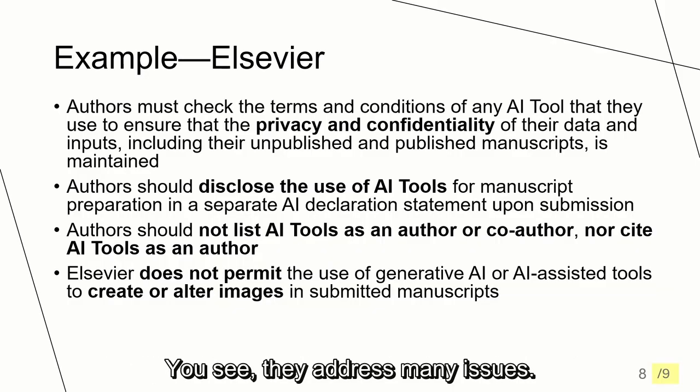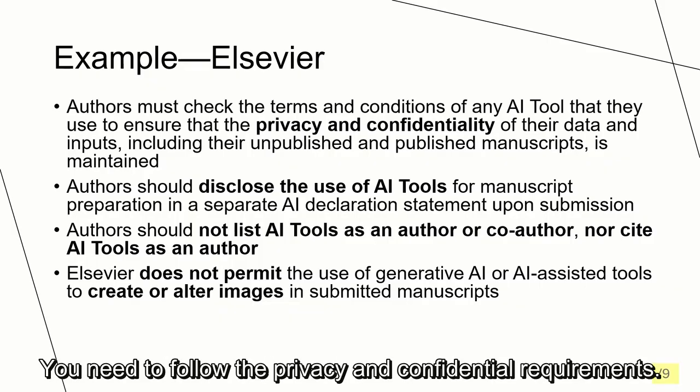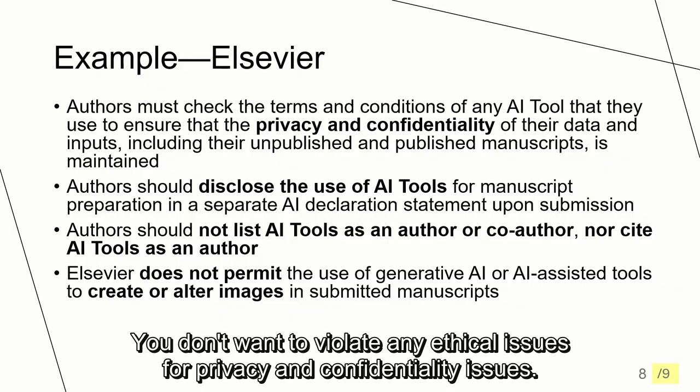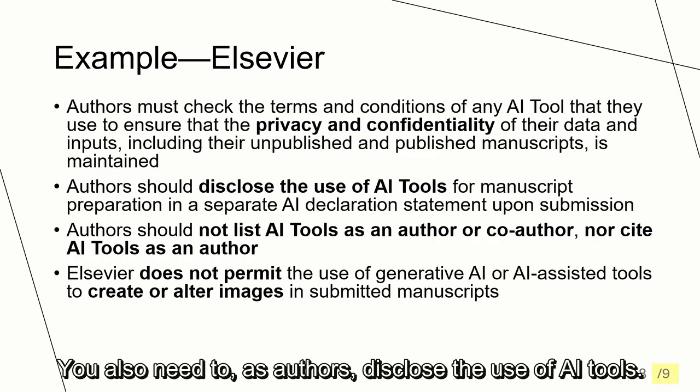You see, they address many issues. You need to follow the privacy and confidentiality requirements. You don't want to violate any ethical issues for privacy and confidentiality issues. You also need, as authors, to disclose the use of AI tools.